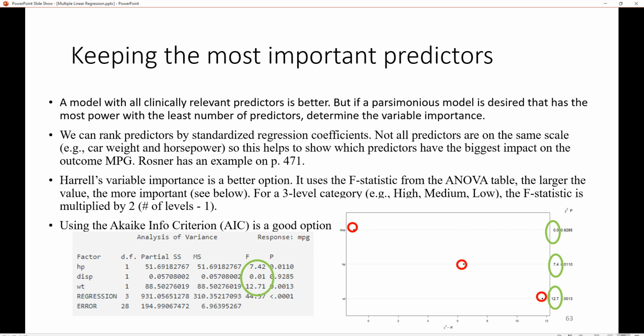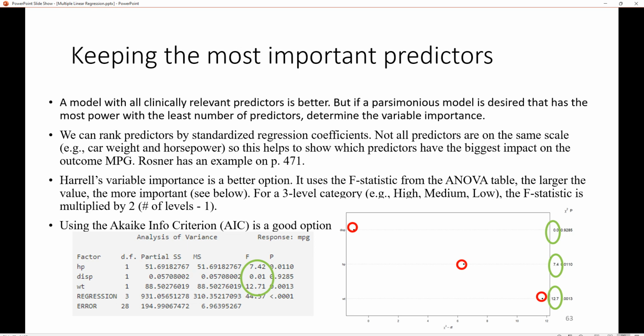Not all predictors are on the same scale. For example, car weight and horsepower. A value of 1 means 2 different things for those 2 variables. So this helps to show which predictors have the biggest impact on the outcome. Rosner has an example on page 471, and again, these are standardized regression coefficients.